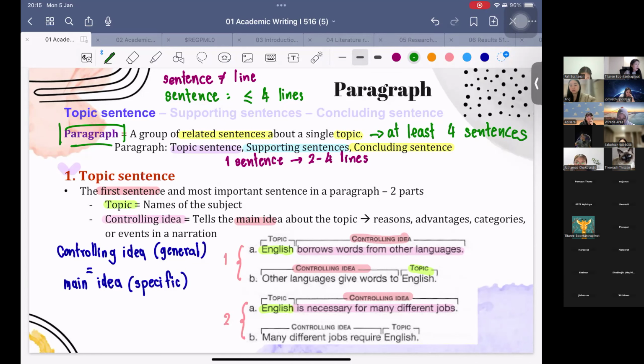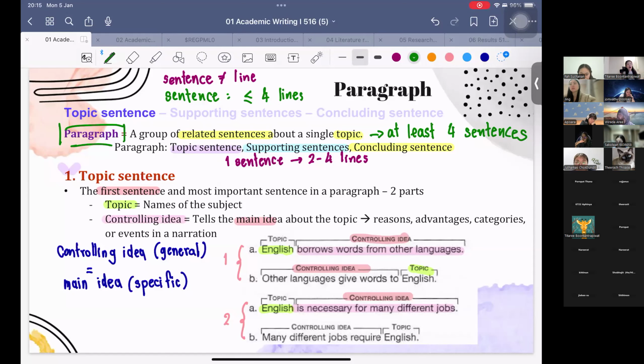And to start off the paragraph, the first thing that you need to write is the topic sentence. Every paragraph should have a topic sentence, because the topic sentence tells the reader what to expect.